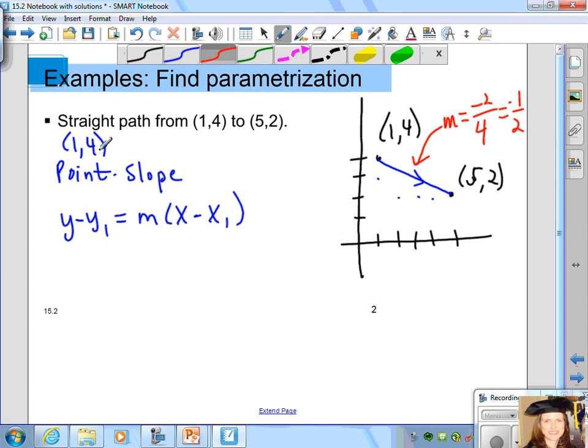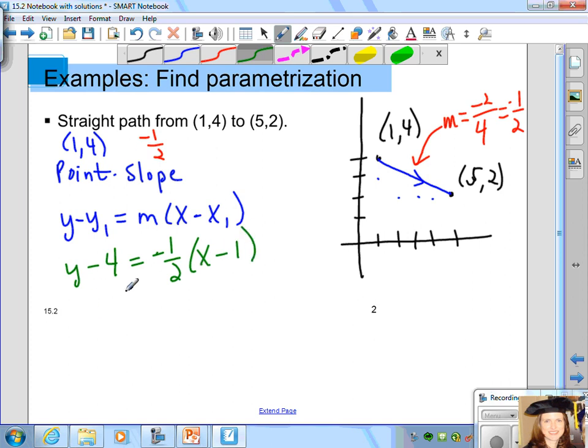So if we use the point 1, 4 and a slope of negative 1/2 and plug it into the equation of this line, we can then come up with a parametrization for the path using a vector valued function. By plugging it in, we get y minus our y sub 1 of 4 equals negative 1/2 times x minus our x sub 1 of 1.